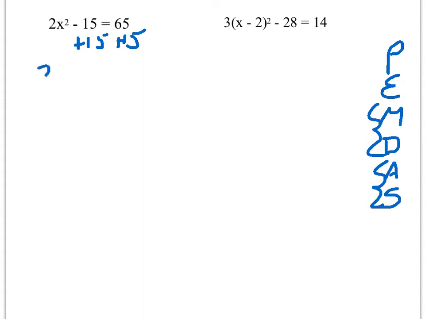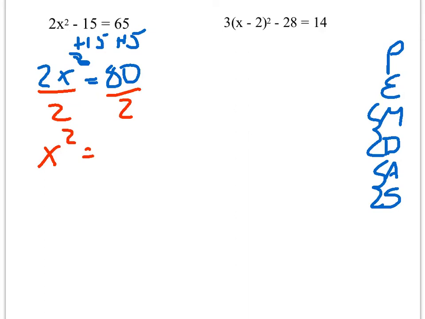So we would have 2x squared equals 80. Now we're done with the add, subtract, so we move up to multiply, divide. So now we can go ahead and divide this 2 away over to the other side. So x squared would equal 40.